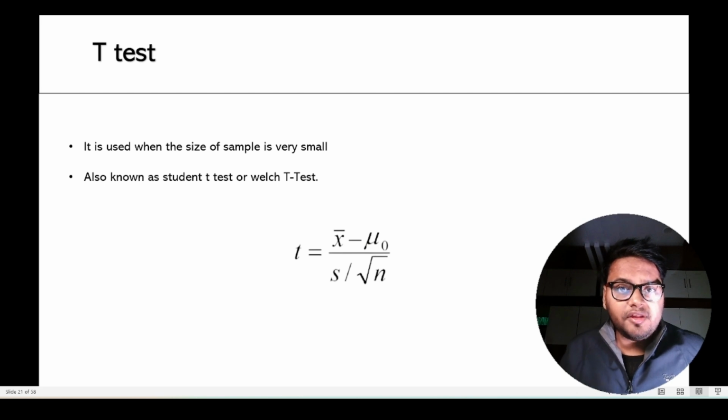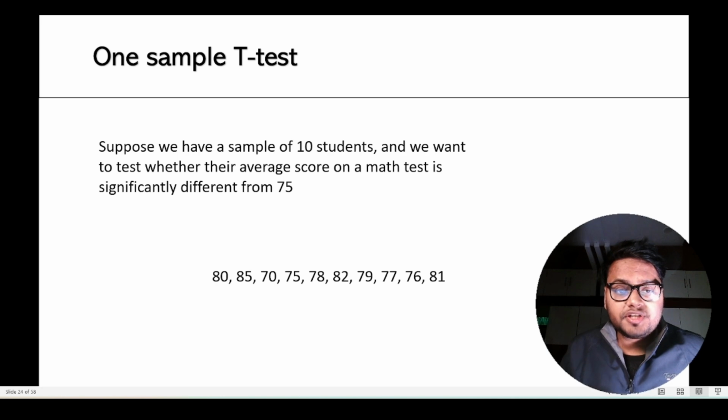Here x bar is your sample mean, mu naught is your population mean, s is your standard deviation, and n is your number of samples. Now let us understand this in a very simple manner. Suppose that a question is given to us. Here we have a sample of 10 students and we want to test whether their average score on a math test is significantly different from 75 or not.